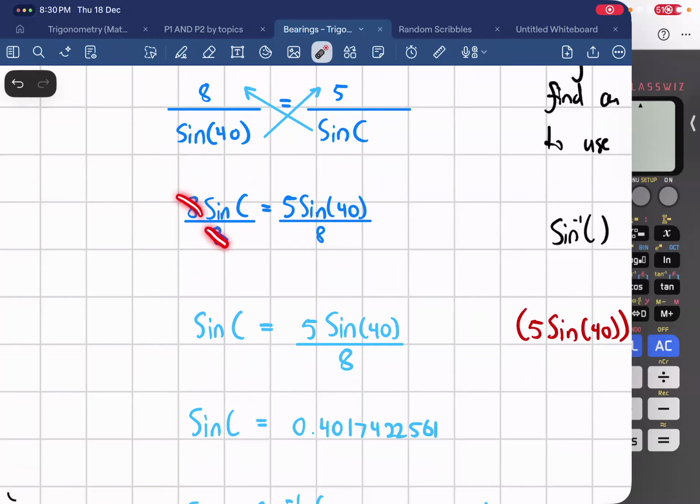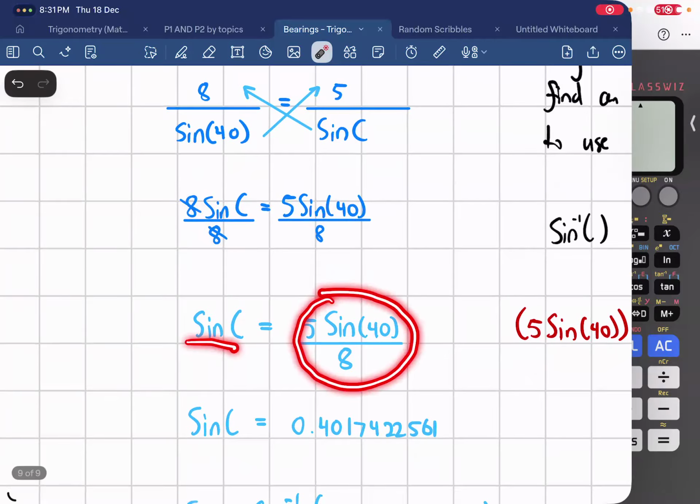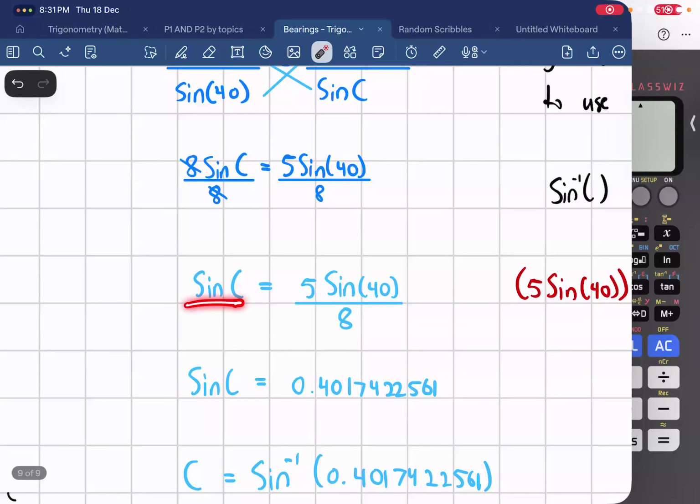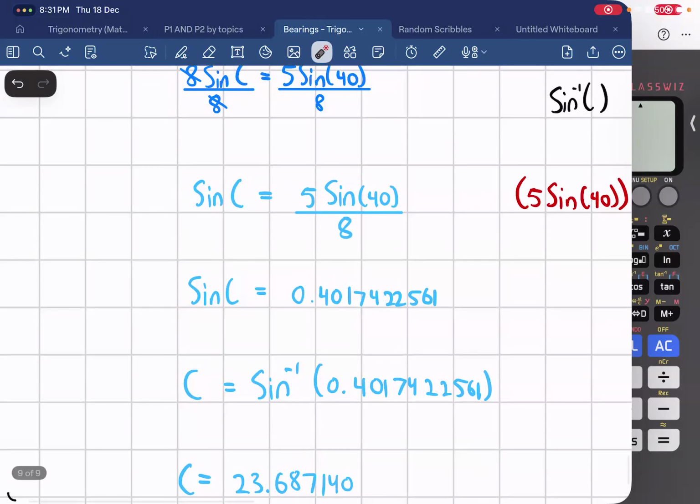So when I cancel off the 8, I end up with sine C is equal to 5 sine 40 over 8. Now, guys, you see how I have sine C by itself? Now I can find the sine inverse on both sides.